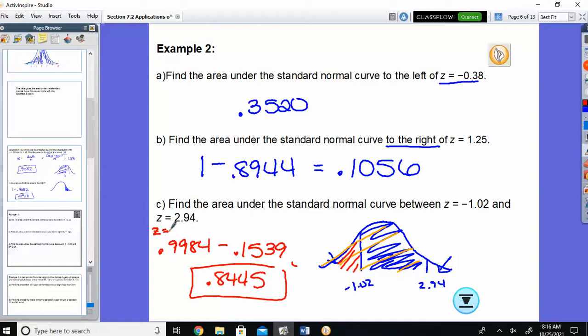And again, what we did is we did when the z was 2.94 minus when the z was negative 1.02. So anytime I ask you to find the area between two things, you just need to look up the higher z value minus the lower z value. Any questions so far?